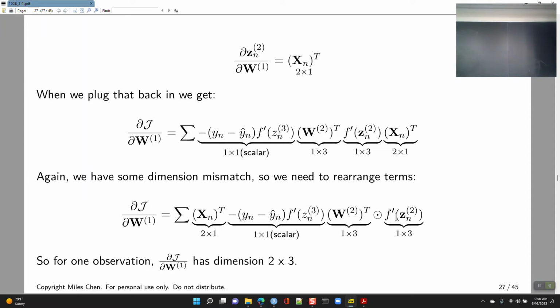well, I have actually here W2, W1, W2, and I've got f prime of Zn2. Again, this is just the nth row.